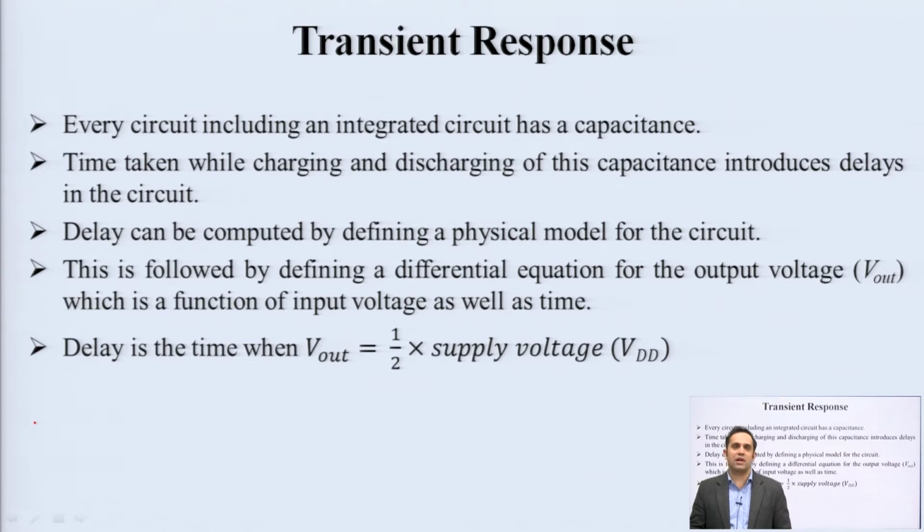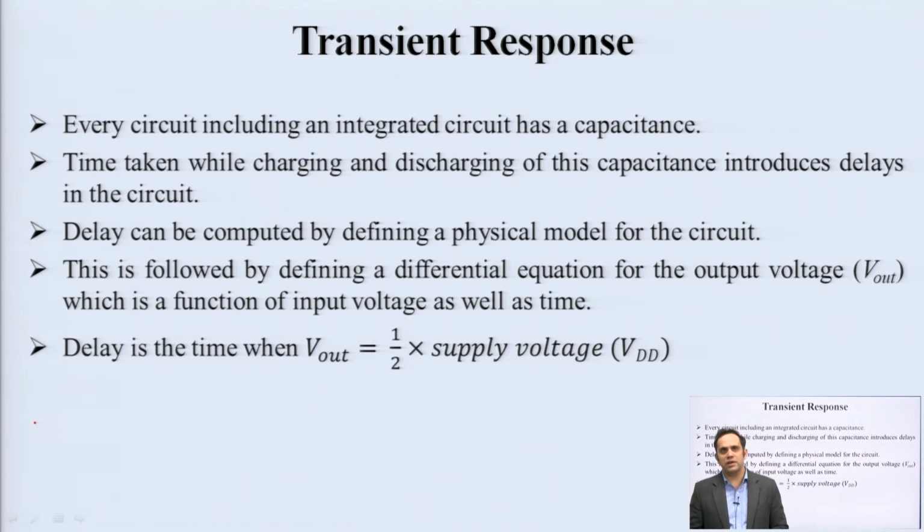Okay. Especially at high frequencies, when the time of switching is very fast, the same speed may not reflect in the output. So, this cycle of continuous charging and discharging of a capacitance inside an interconnect is what produces some kind of a delay.